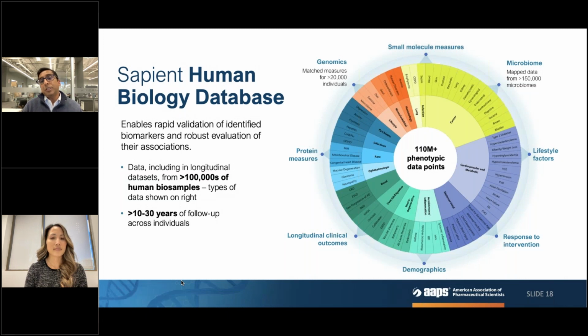Now, for each of these biological specimens, we have made these measurements, again, assaying over 15,000 small molecule biomarkers in each of these biological specimens, and have integrated this data with genomic measures, microbiome measures, lifestyle factors, proteomic and protein measures, longitudinal clinical outcomes, demographic factors, and response to various drugs that allow us to really enable this discovery process.